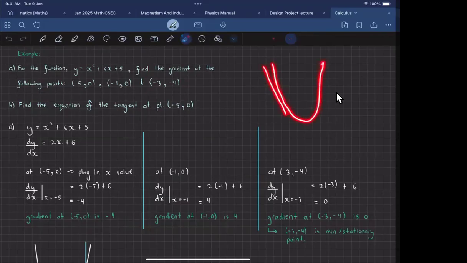This portion here, what kind of gradient is that, positive or negative? Negative. And then over here, it's flat, so it's 0. And then over here, it's positive. Are you seeing that trend happening here? We got a negative gradient, a positive gradient, and a 0 gradient. Yeah. Right.